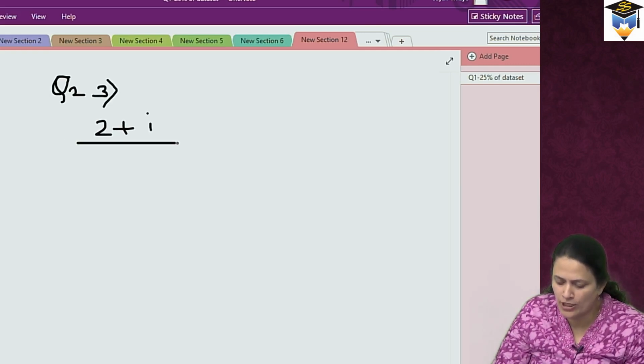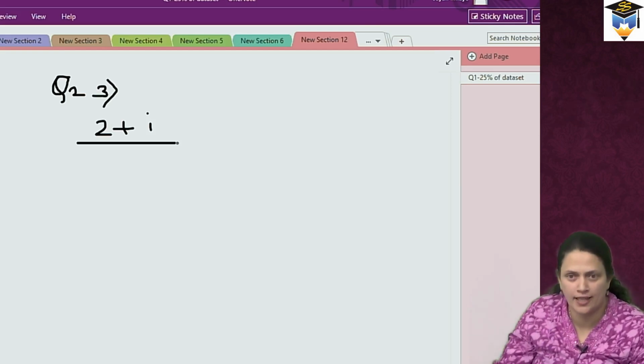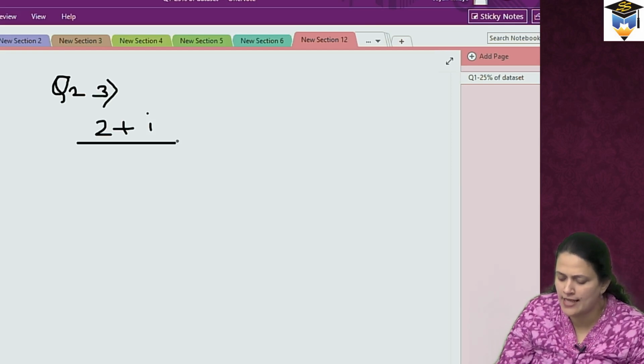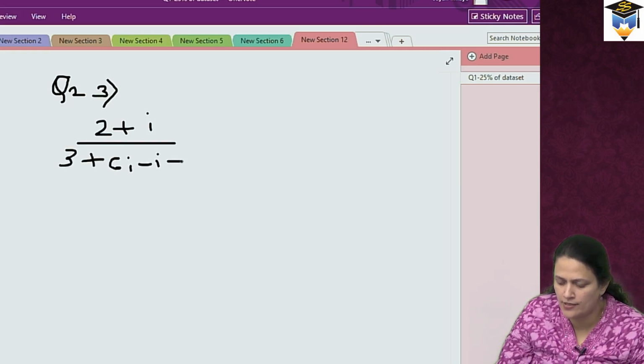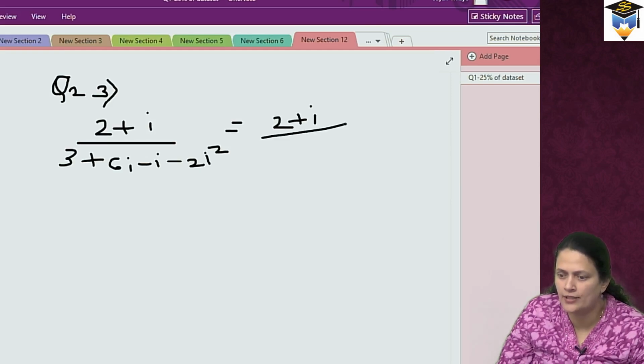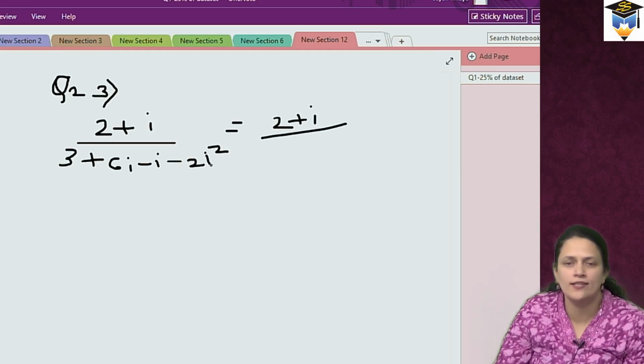Now first what you will do is, since in the denominator there are two brackets, multiply them. Okay. So 3 minus i into 1 plus 2i can be written as 3 plus 6i, I am directly doing the multiplication, minus i minus 2i square. Okay. So the numerator will remain as it is. In the denominator, what is the value of i square? i square is minus 1.